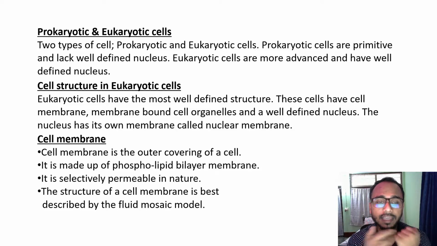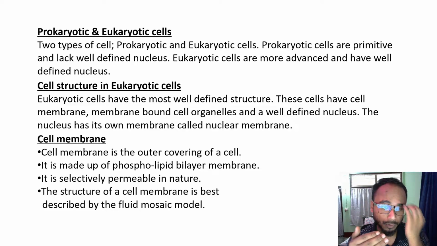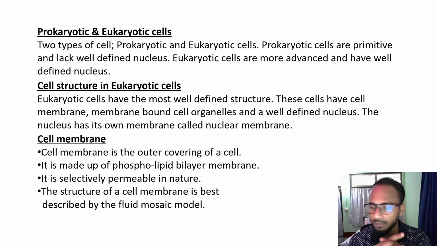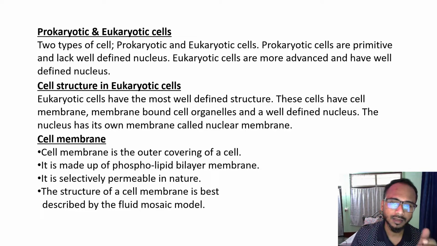But if my skin is cut, it is broken, then blood will also come out. So that is a semi-permeable membrane. It allows only certain specific things to come out. Okay, the structure of a cell membrane is best described by the fluid mosaic model. What is fluid mosaic model? For that, go through your book, the whole term is given and then the explanation is given.